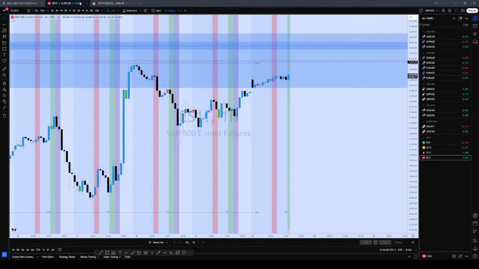So I'm gonna recommend paying more attention to the currencies this week, because it's the second week of the month and big moves can take place, and you can catch some nice pips on the currency market.